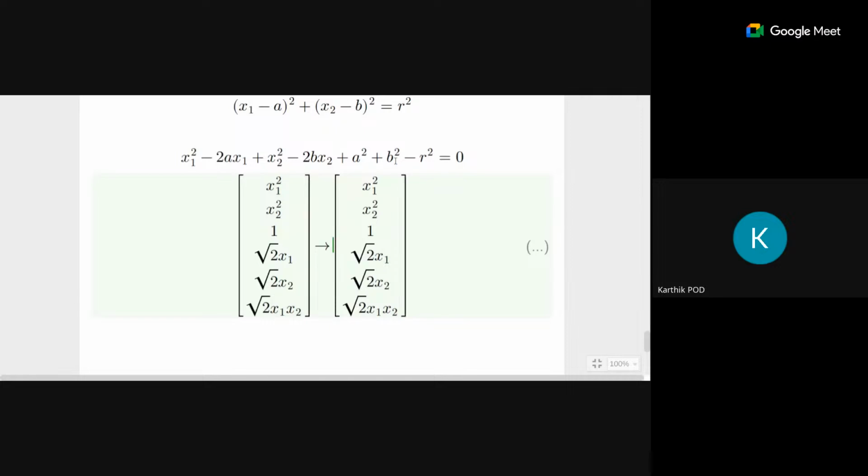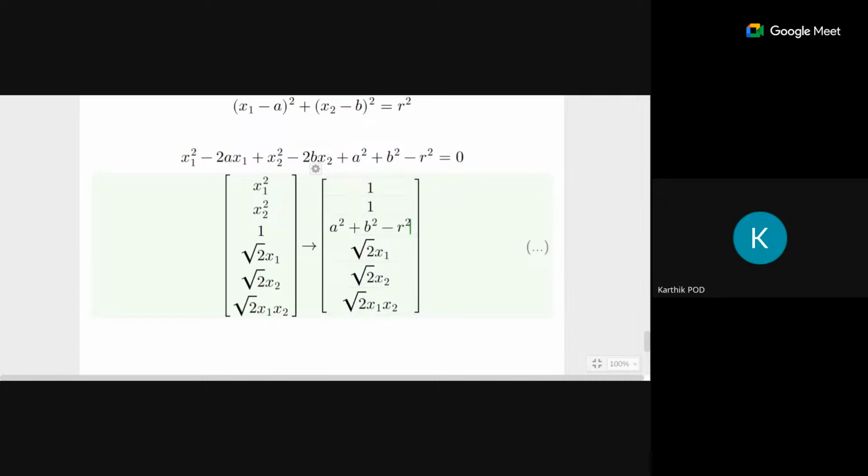What should the dot product be? x1 square is 1, so I just need to dot it with 1, and x2 square also is just 1, so I dot it with 1, and instead of 1 I need a square plus b square minus r square, and for root 2 x1 I need 2a root 2, right?